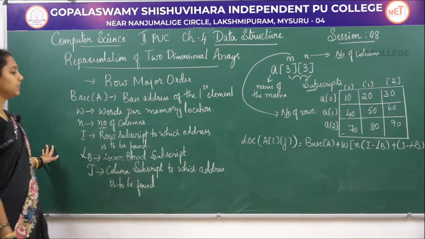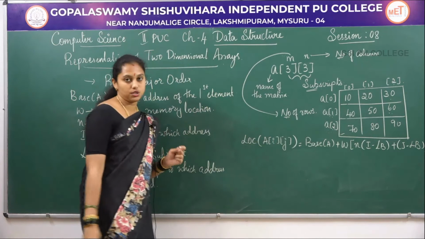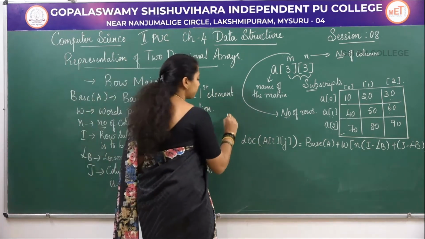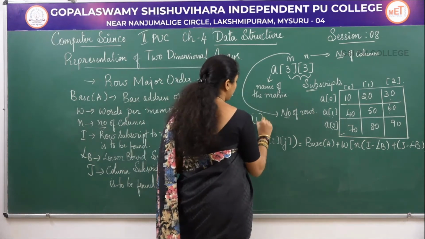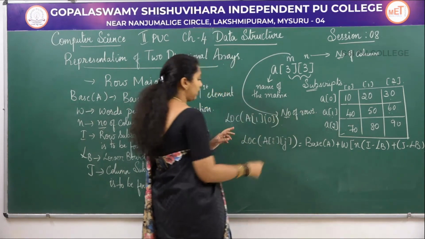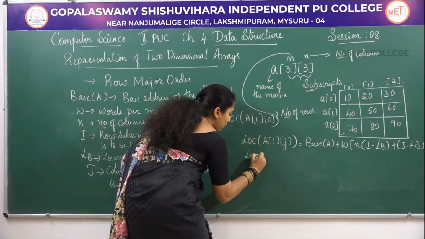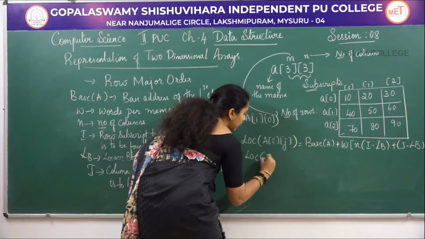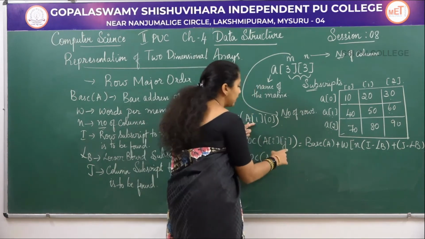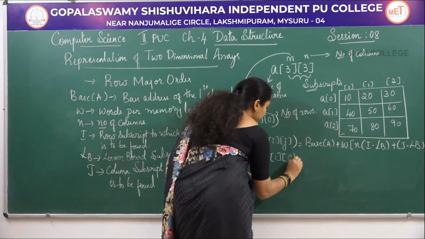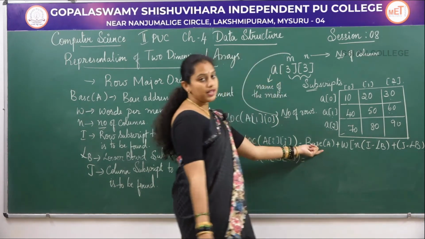So using this formula, now let's find the memory address of location A of 10. A of 10. So substitute for this formula, that is location A of, what is the value of I? The value of I is 1 and the value of J is 0, is equal to base of A. So what is the base address?